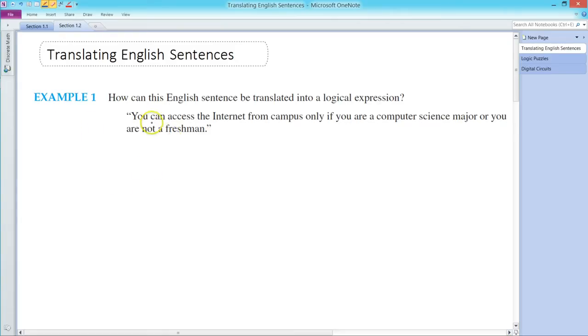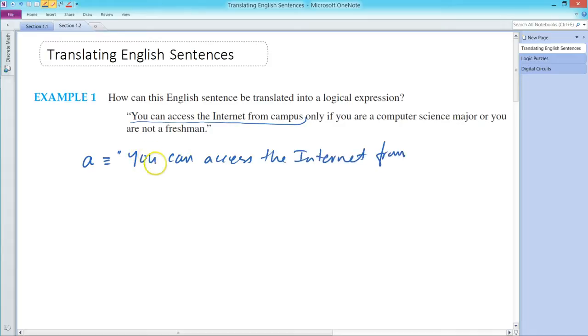So here, look at the first part of it. Let's look at this simple component. You can access the internet from the campus. So let's use the logical variable a to represent you can access the internet from campus.